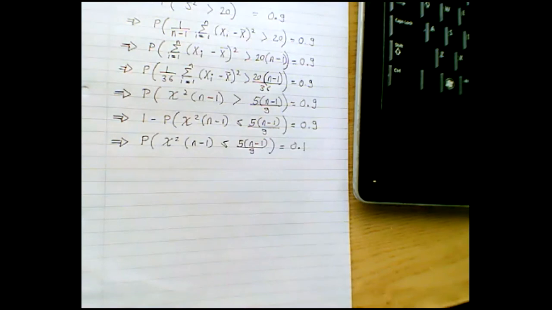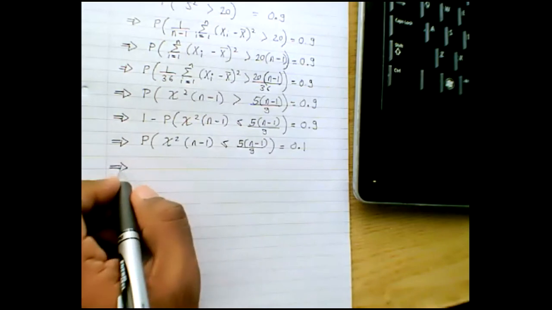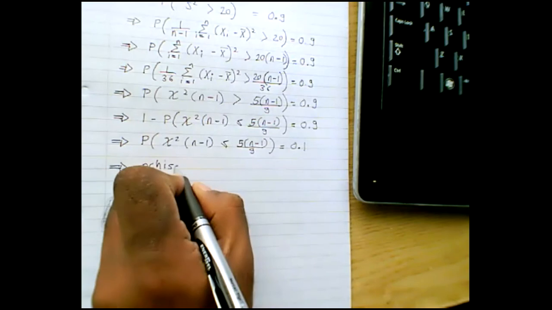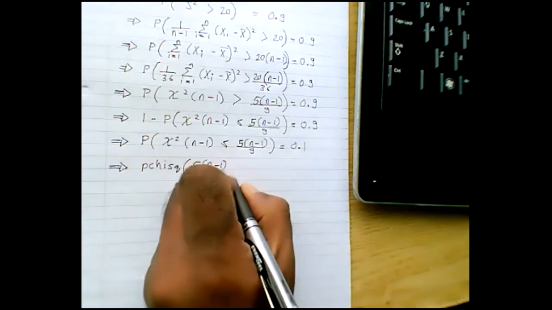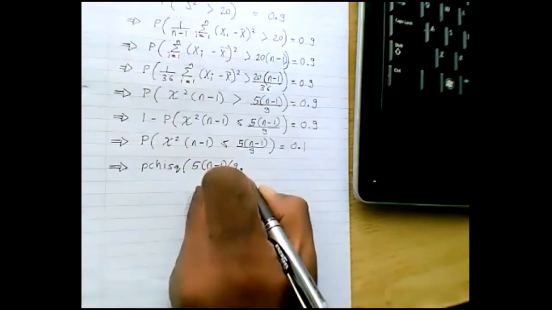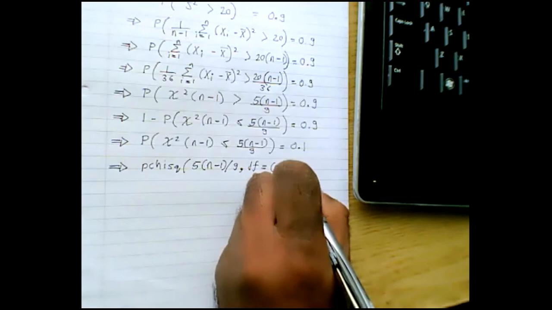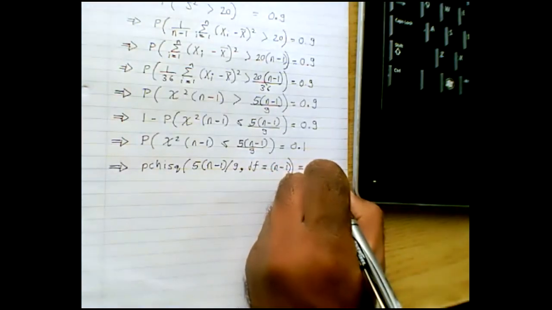Okay, guys, so far. All right, now this probability in R, if you're using R, you can write it as pchisq(5(n minus 1)/9, df = n minus 1), and this is equal to 0.1.